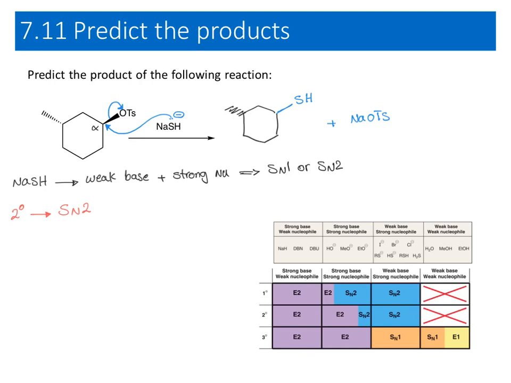Now, do I need to show stereochemistry here? Yes, because this carbon is connected to four different groups, so it's a chirality center. If you remember from the SN2 mechanism, we had inversion of configuration.